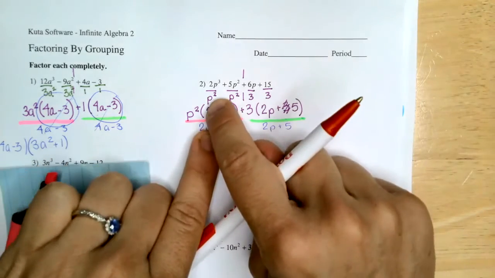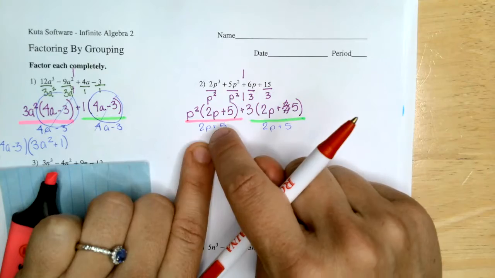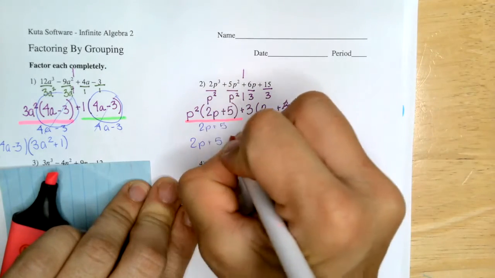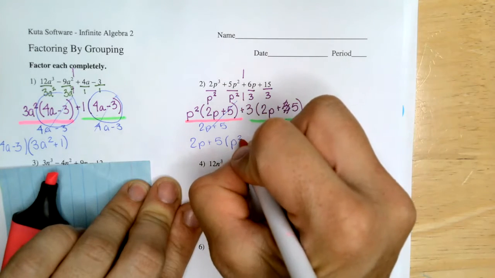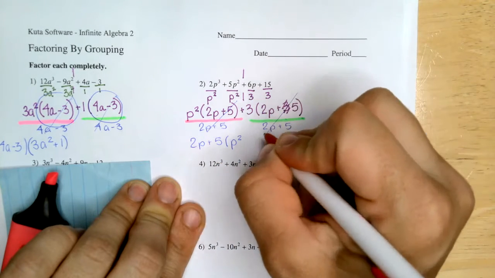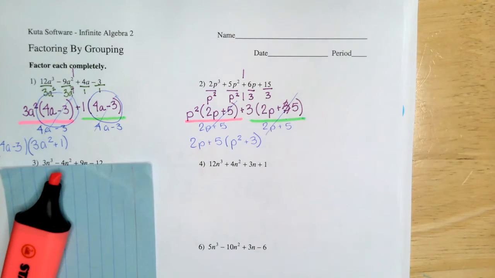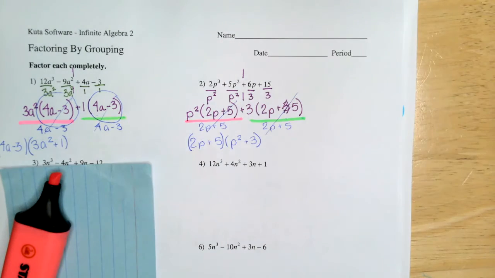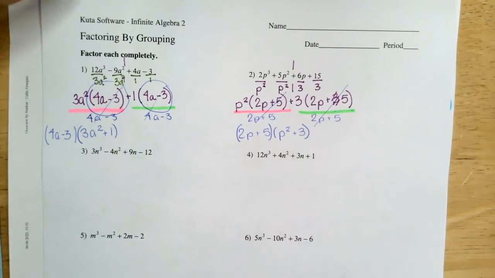And then just like I put p squared out in front and then took it out of both of those, I'm going to put the 2p plus 5 in front. I have factored it out and I'm just left with p squared. I have factored it out and I'm just left with plus 3. And since it's two terms, you want to put the parentheses there. Okay. So all that means is multiply.